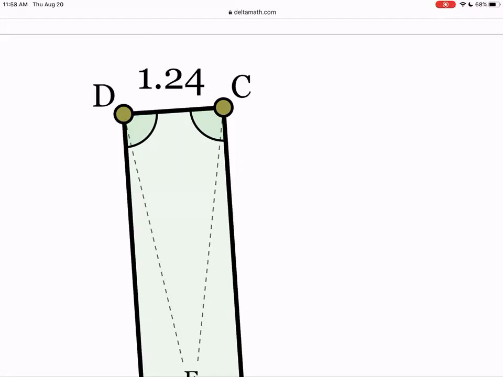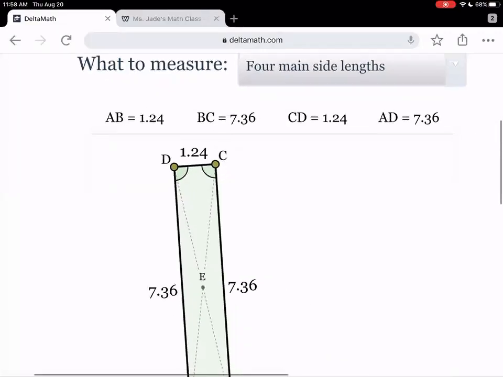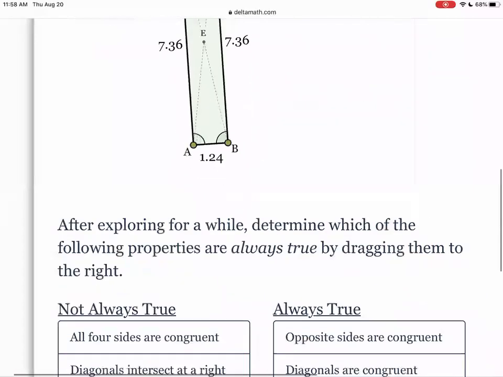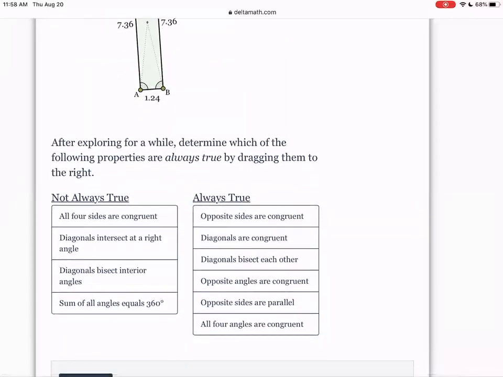Does the dotted line cut the angle D in half? No, it doesn't. So we're going to leave it in the not always true column.